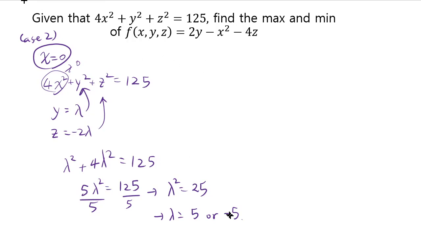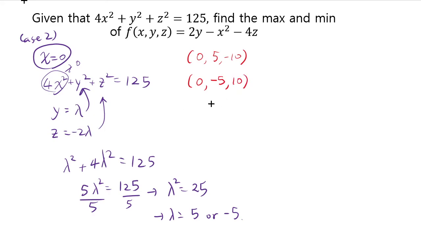Okay, so in this case, what are the solutions? Well, plugging in 5 in here, you get 5 and negative 10, right? So one solution is 0, 5, negative 10. And then the other solution is, if lambda is negative 5, then y equals lambda, so y will be negative 5. On the other hand, negative 2 times negative 5 will be positive 10.